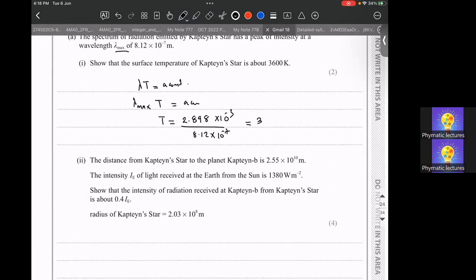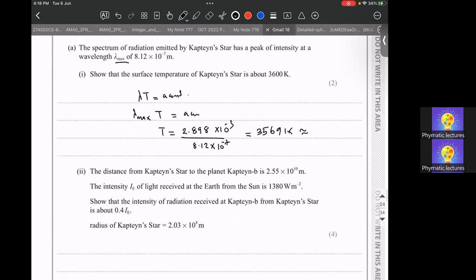So we will get 3569 Kelvin, which is nearly 3600 Kelvin. Here make sure you always remember T is in Kelvin.